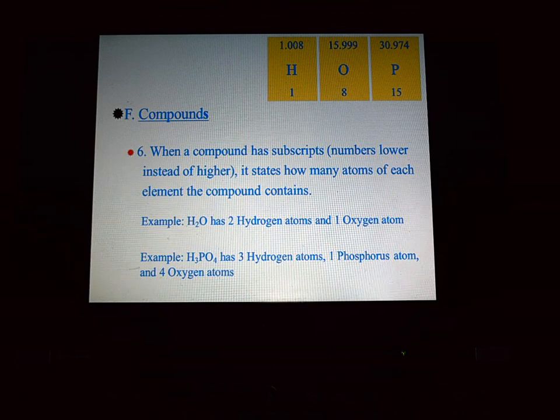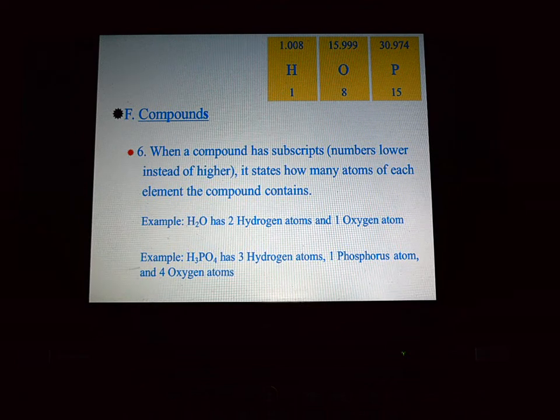Now, when I do have lots of things, not just one of each, for example, H3PO4 or H2O, those subscripts tell me how many of that particular atom I have in the compound. So here, H2O means 2 hydrogens and 1 oxygen. When there is no number, it's a 1. We don't write the 1s.